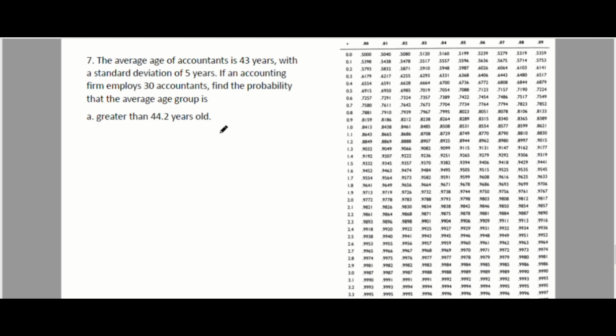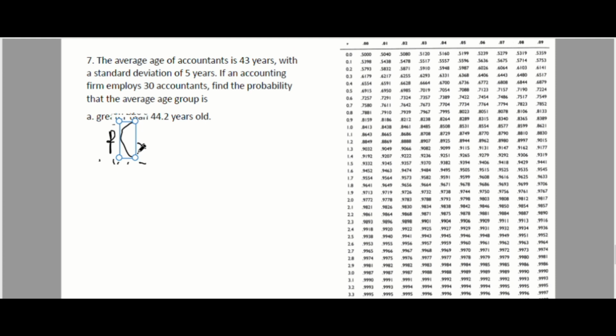Number 7, the average age of accountants is 43 years with a standard deviation of 5 years. If an accounting firm employs 30 accountants, find the probability that the average age is greater than 44.2. So we're talking about the sample mean, so we will use the formula for the central limit.